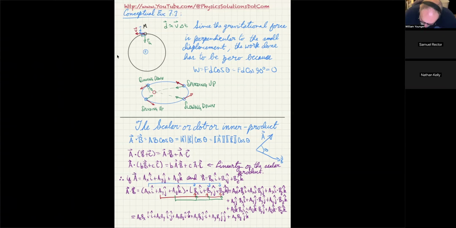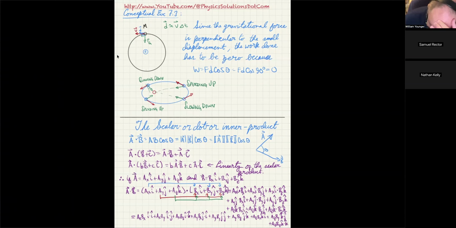And now I can continue with the third set. That's going to be AZBX k hat dot i hat plus AZBY k hat dot j hat plus AZBZ k hat dot k hat. Now, here's the big thing.